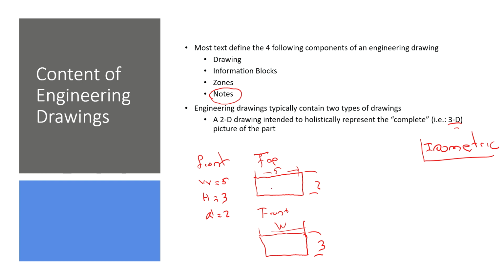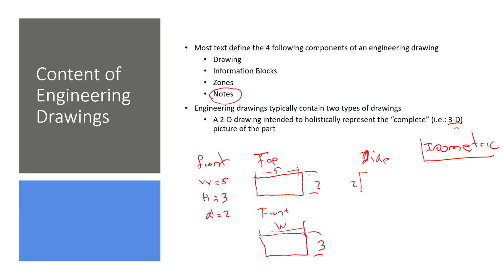The width equals 5. All right, you can also have a side view, either here or here. You can do right or left, but if it's a cube, it will be the same whether it's right or left. So the side view would be 2, height is 2.